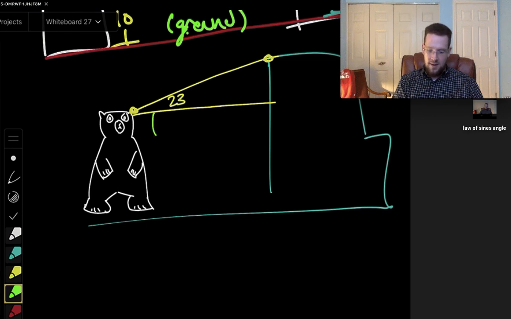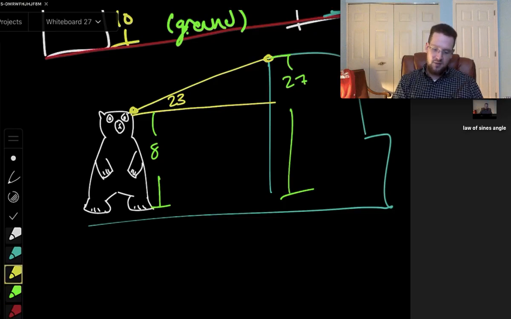And the polar bear is 8 feet tall, and the igloo is, let's just say, 27 feet tall. Then we know that when we subtract these two values, we will find that this height here is 19 feet tall.